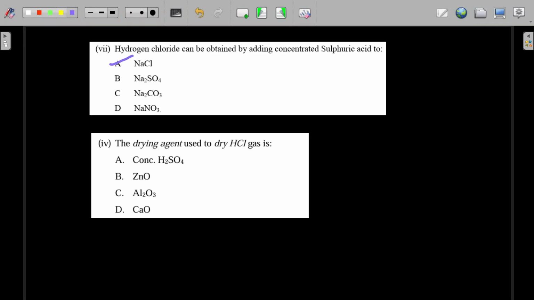NaCl. Okay. Yes, Iona. Can you answer the second one? Okay. The drying agent used to dry HCl gas is concentrated sulfuric acid.